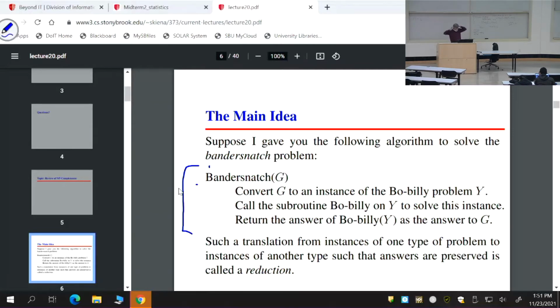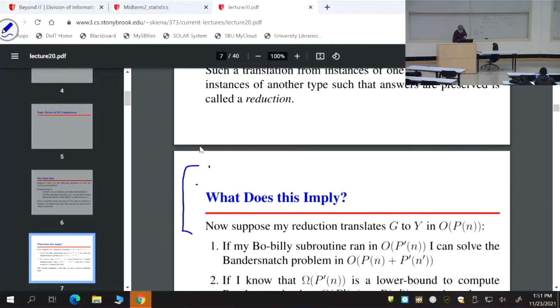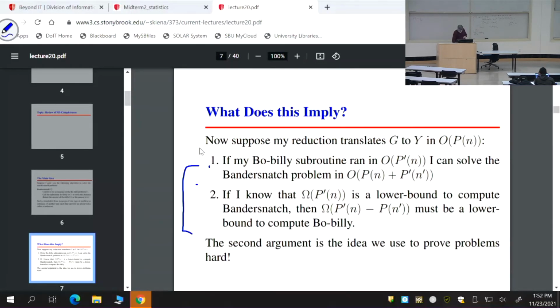What are the implications of this? If my translation is fast, meaning it runs in polynomial time, then a fast Bobilli solver will give me a fast Bandersnatch solver, where I pay the time of doing the translation and then the time of calling Bobilli on the translated input.